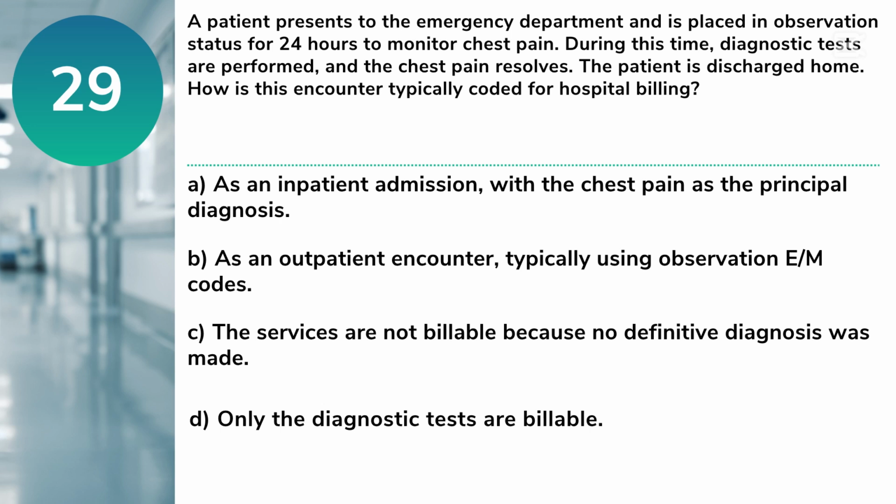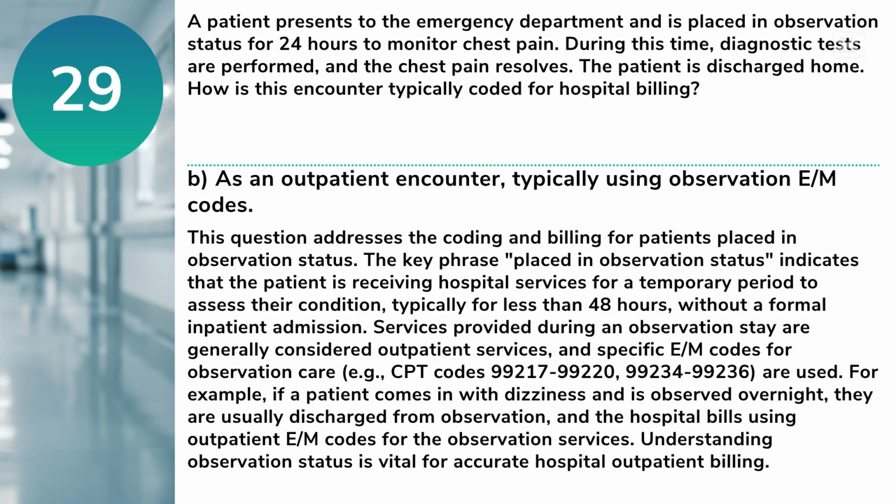B. As an outpatient encounter, typically using observation E/M codes. C. The services are not billable because no definitive diagnosis was made. D. Only the diagnostic tests are billable. Answer: B. As an outpatient encounter, typically using observation E/M codes.